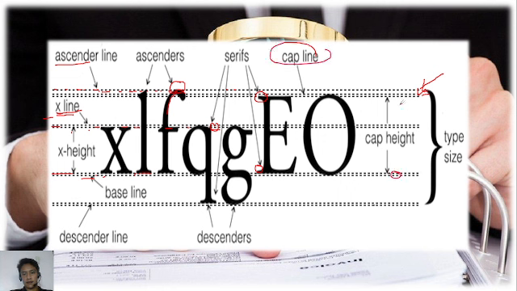That is what we refer to as cap height. And type size po, that is from the ascender to the descender line. Type size po yung tawag natin doon. Or this is where double loop letters belong to. And don't forget descender line as well as descenders also.